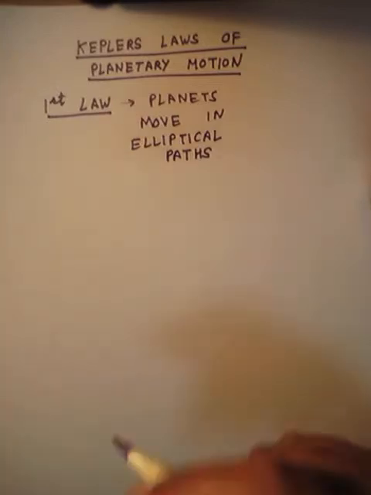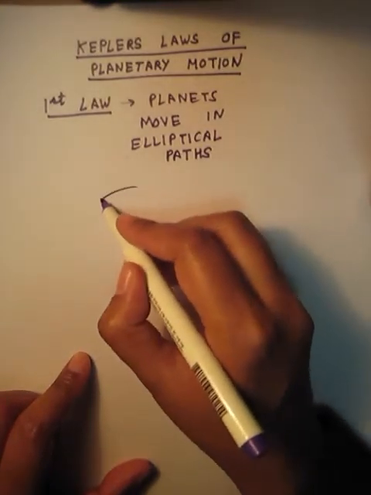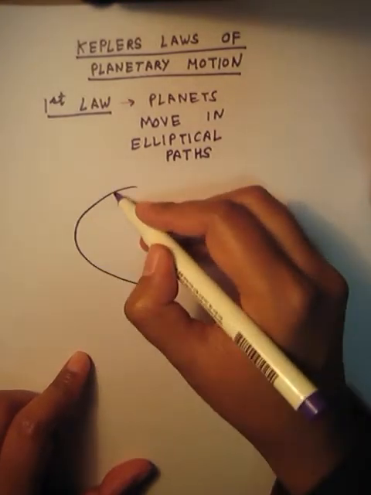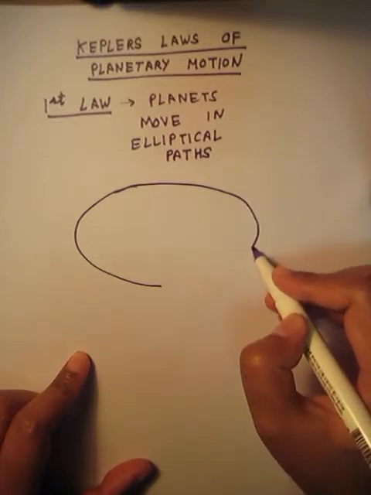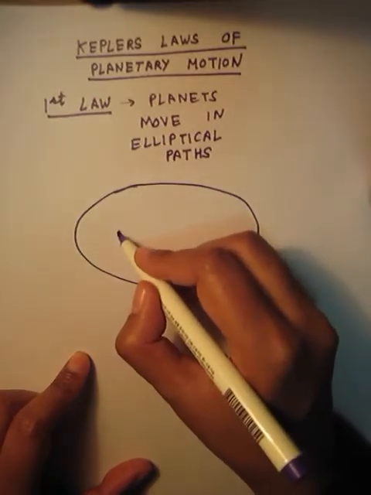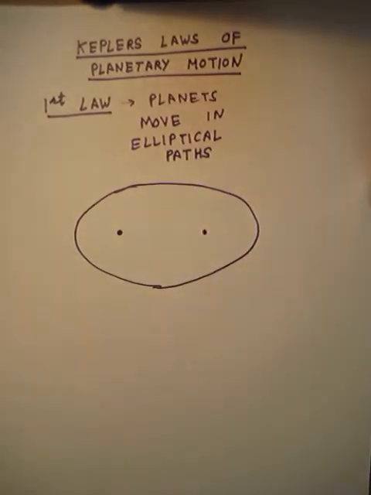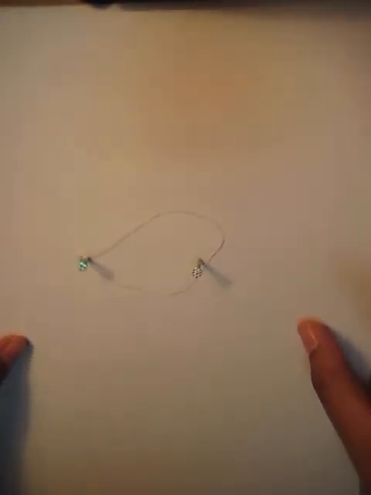So when we are saying that planets move in ellipses, it means that the planets will move in a path something like this, like an ellipse. So it will have two focal points. So in order to draw an ellipse, before we start this, let's try to draw an ellipse.